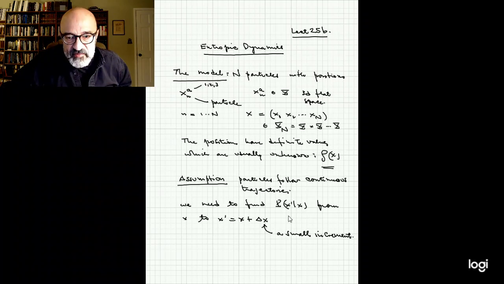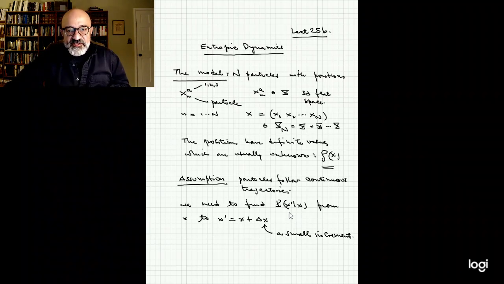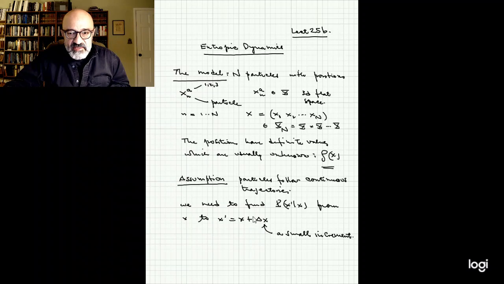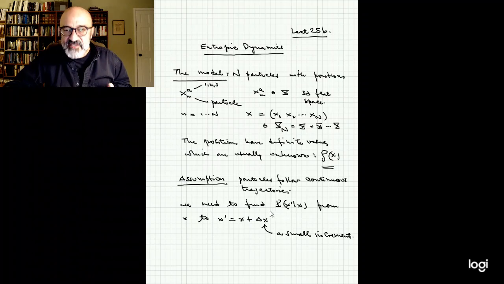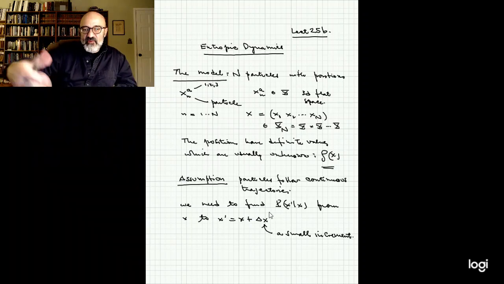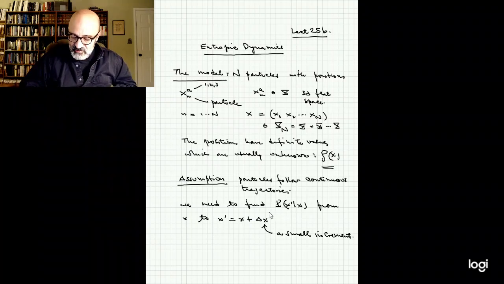If we find the probability distribution for a short step by delta x, then we can just see what is the probability you go from x to x prime. Then you say, okay, given that you are in x prime, figure out how you go to x double prime, and you proceed. So this is how we're going to build the whole dynamics. Okay, so how do we determine this probability?